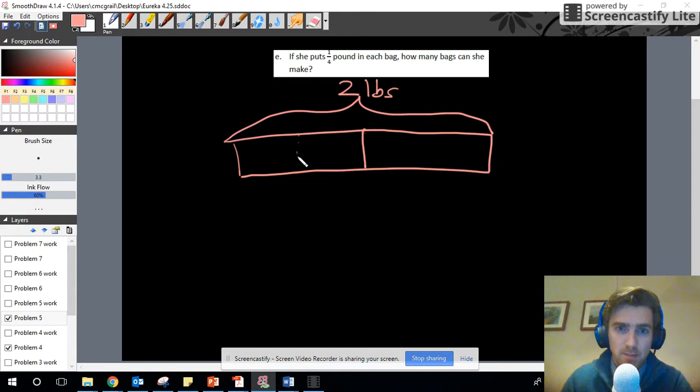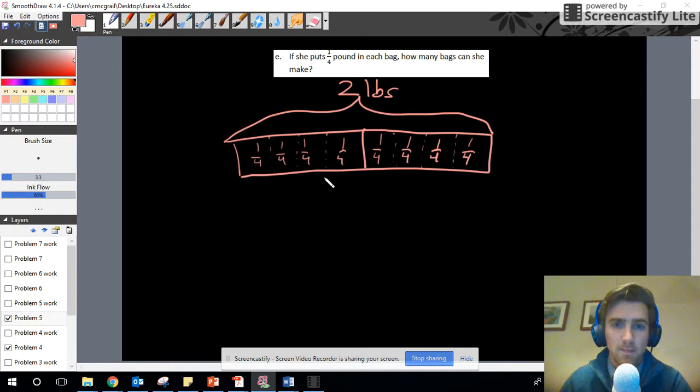Now I need to split these bags into 4 equal pieces. And I'll label them 1, 2, 3, 4, 5, 6, 7, 8. My 2 pounds of pecan divided by 1/4 equals 8 bags.